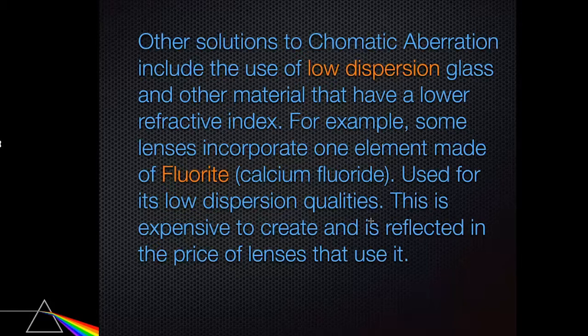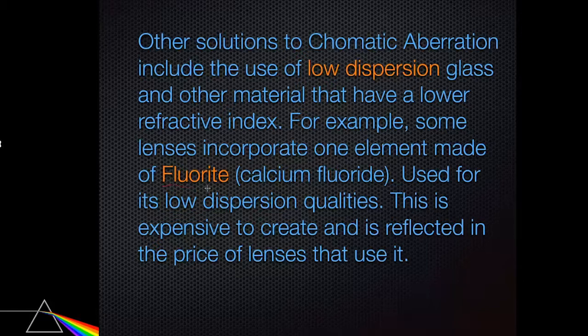So that was one way of solving this chromatic aberration. Another thing that manufacturers can do is use something called low dispersion glass. You'll see this in their marketing and in their advertising. Basically they're using some material other than flint or crown, because it tends to refract less, or not disperse the light as much, the different colors anyways. For example, lenses that incorporate one element made of fluorite.